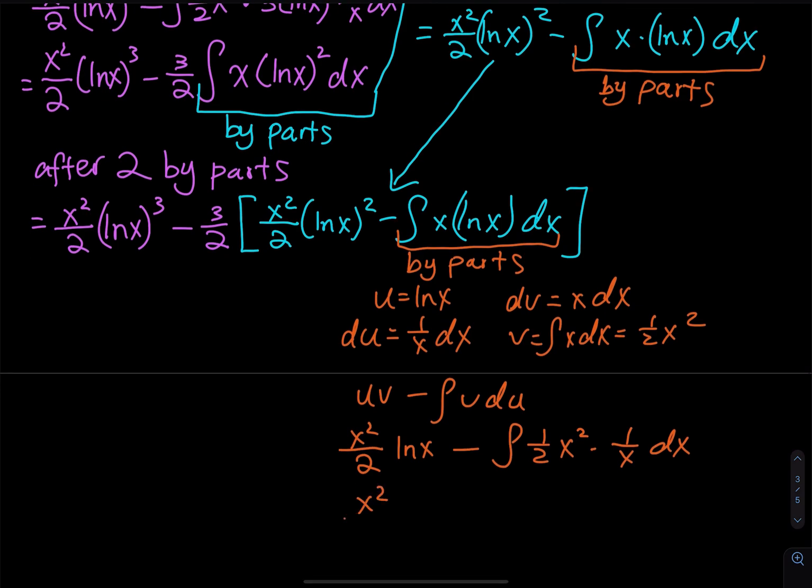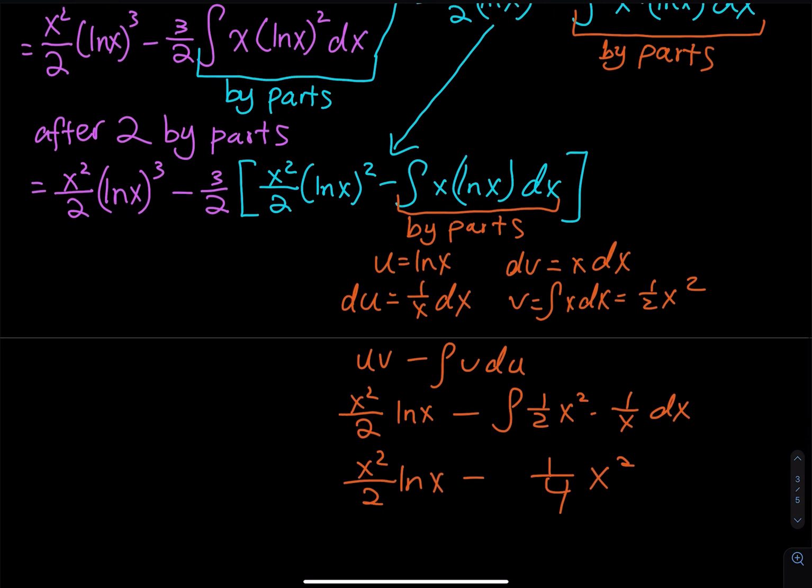This is x squared divided by 2 minus ln x, and then you subtract. So you have a 1/2, and this is an integral of x, right? So that gives you 1/2 x squared, and then 1/2 times 1/2, I don't want to spend another line for this, I will just change that to 1 over 4. So this is the result of the third integration by parts.